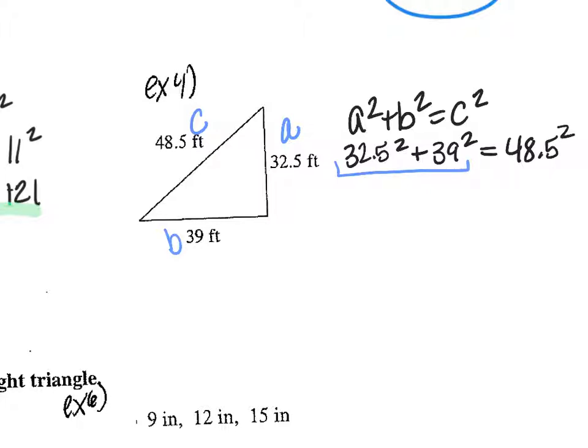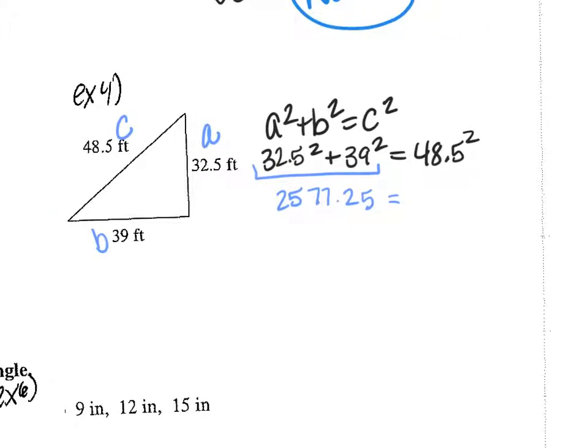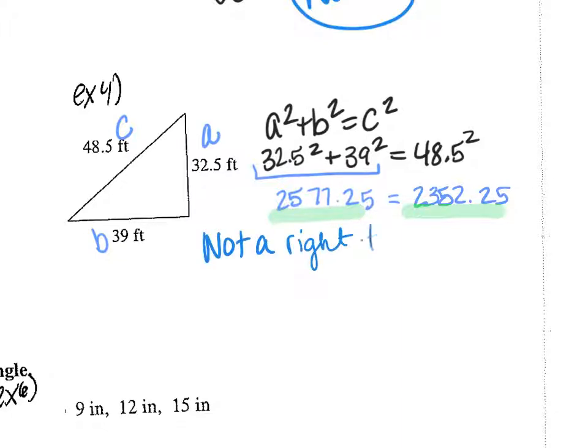So 32.5 squared plus 39 squared, and I get 2,577.25. 48.5 squared is 2,352.25. Okay, so are these the same? No. So not a right triangle.